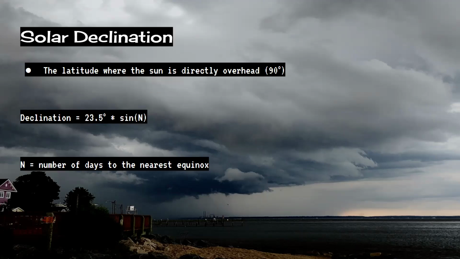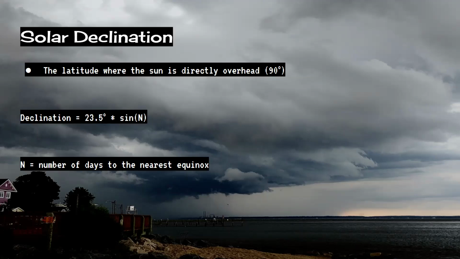The declination is, no surprise, 23.5 degrees times the sine of n, where n is the number of days to the nearest equinox. I think the first day of fall was on the 22nd, so I would put 4. If I put that in, 23.5 times sine of 4 would give me the solar declination, which is a latitude.